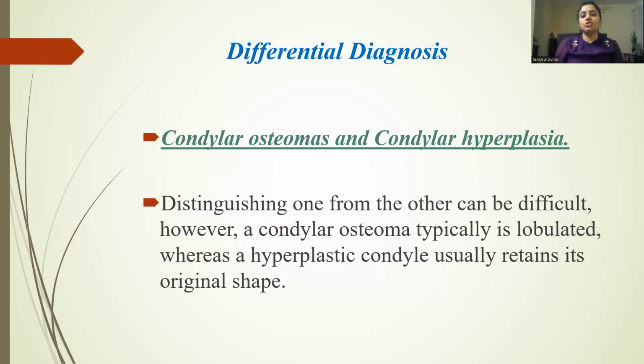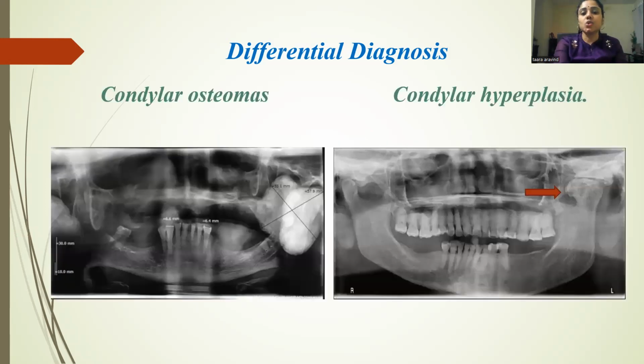When an osteoma appears in the condylar region, it is very important to distinguish it from condylar hyperplasia, because osteomas are benign neoplasms, whereas hyperplasia is not. How do we distinguish condylar osteomas from condylar hyperplasia?